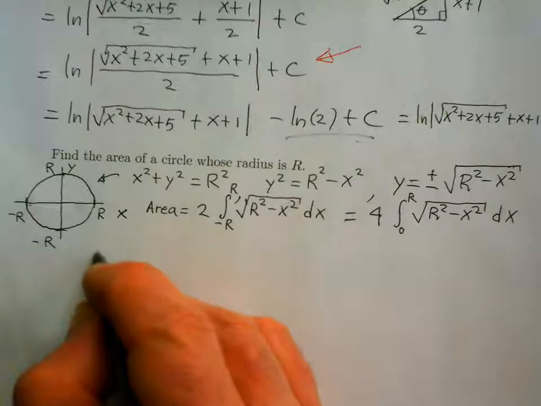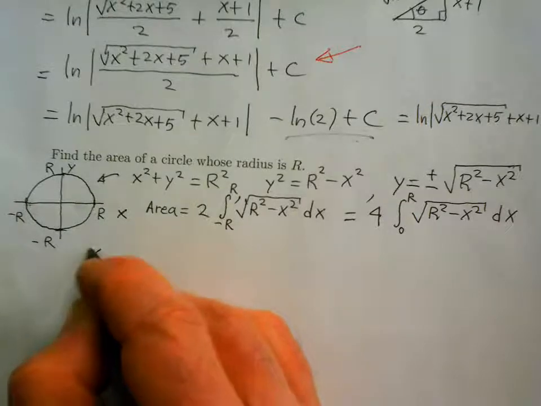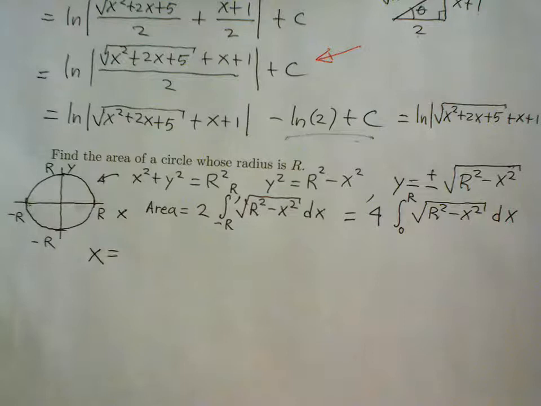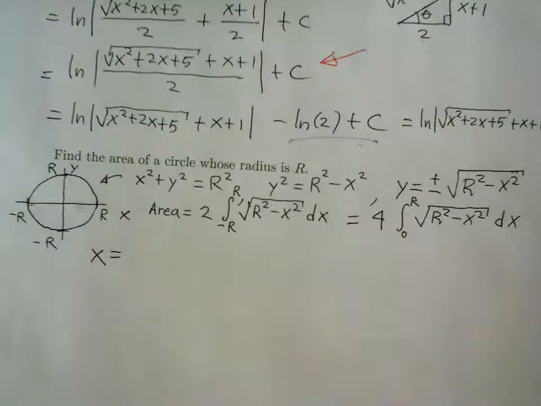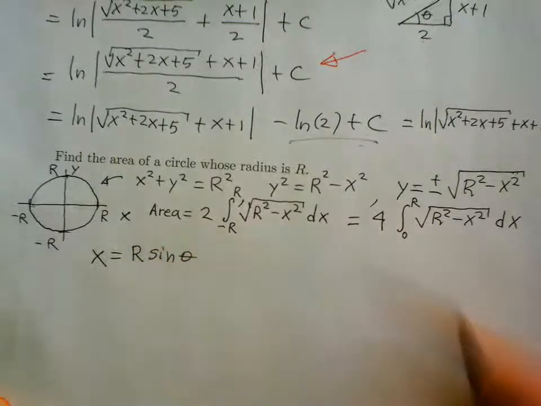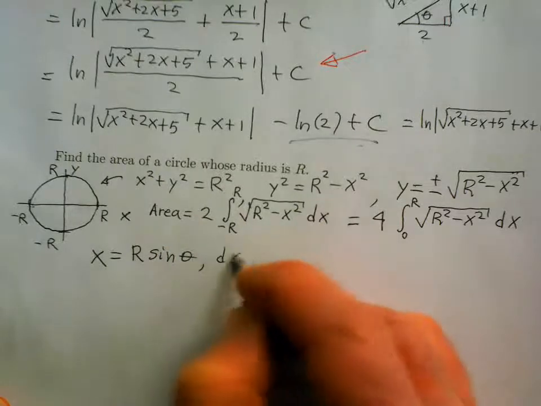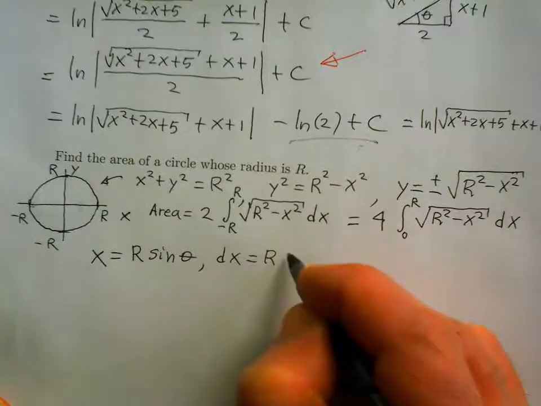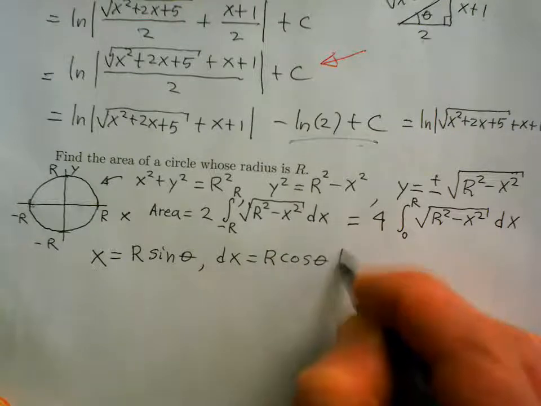So our trig substitution is going to be x equals what? Yeah, x will be capital R times sine of theta. And so dx is R times cosine of theta d theta.